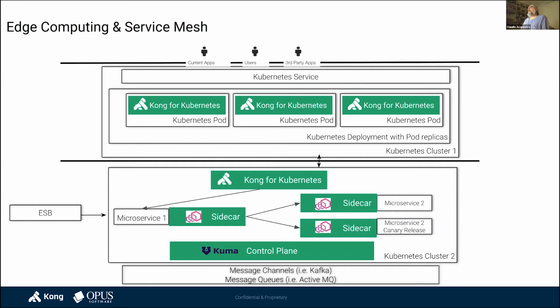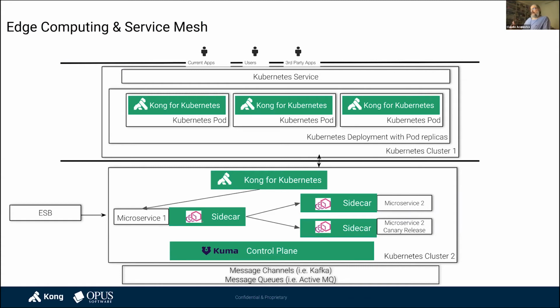Again, making sure that requests coming in are totally fine and can be passed to your microservices. And then the second level of abstraction, we have another Kong for Kubernetes, playing the security level for your microservices. And then the third level of abstraction is the service mesh, taking care of the microservice to microservice communication.